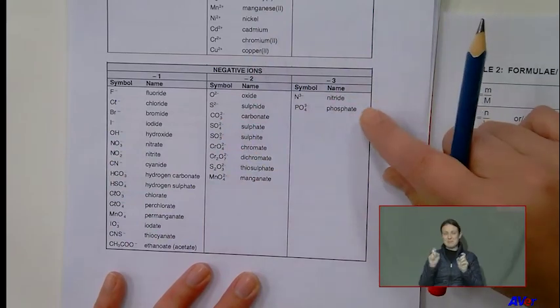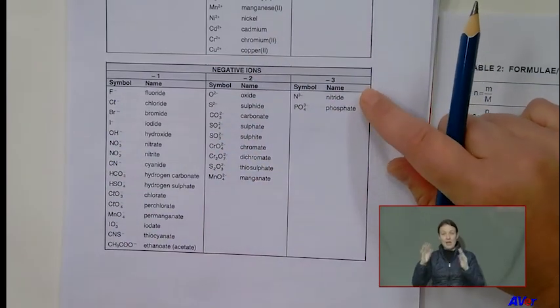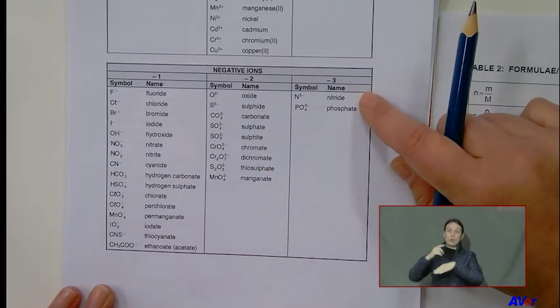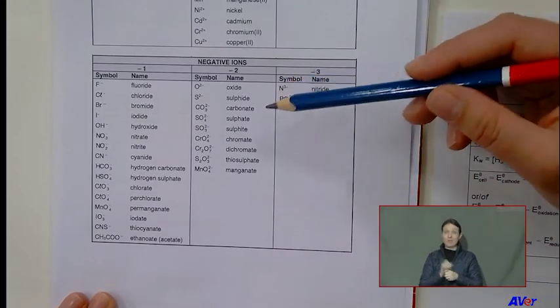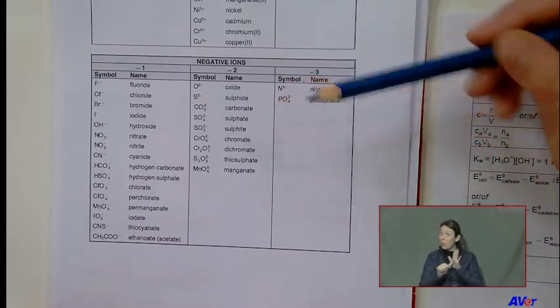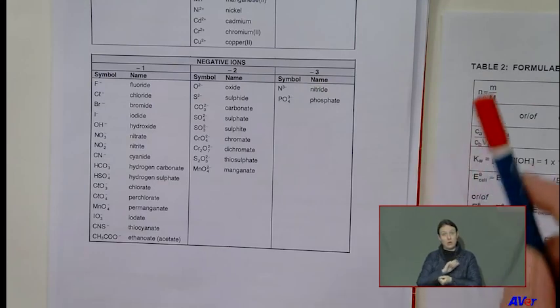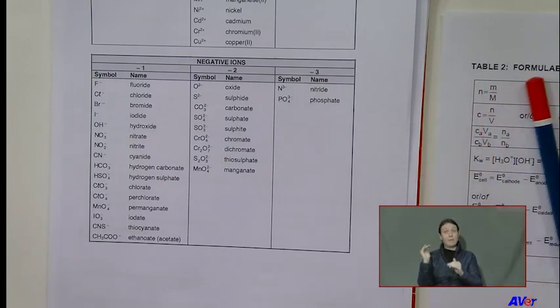So ions that consist out of more than one type of element. Grade 12s, this is very important because not only is it important to balance formula, sorry, it's also going to be important when it comes to electrochemistry. Okay, so you need to know your ions.